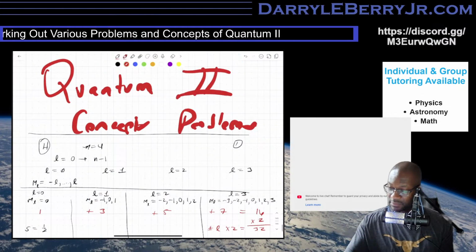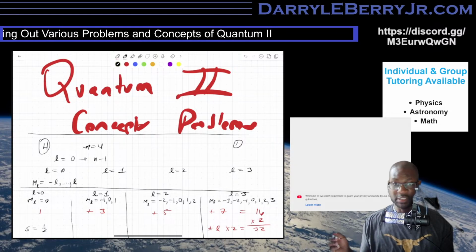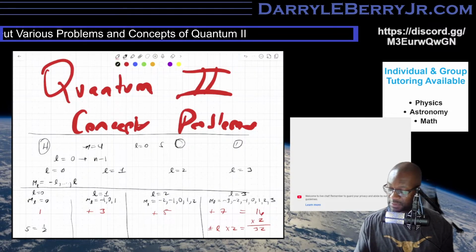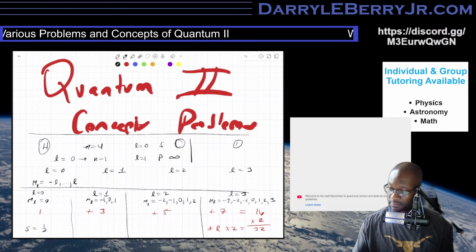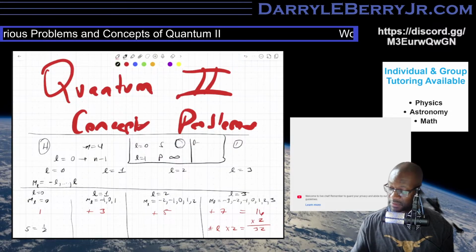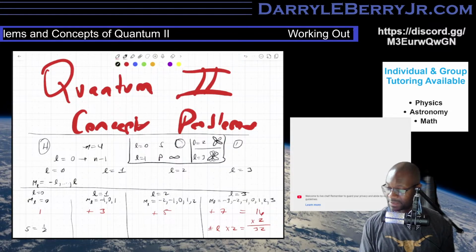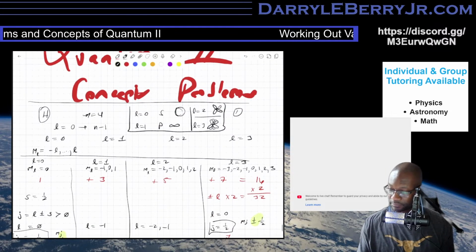And the L states, if I haven't covered it on this channel, is basically the shape of the orbital of the electron, for instance. So L equals 0 will be S, which would be spherical. L equals 1 will be P, which is this sort of lobe. L equals 2 will be 4 lobes. And L equals 3 will be 8 lobes. So you have all of them spread out in such a way as to balance out the electric repulsion. And there we go.